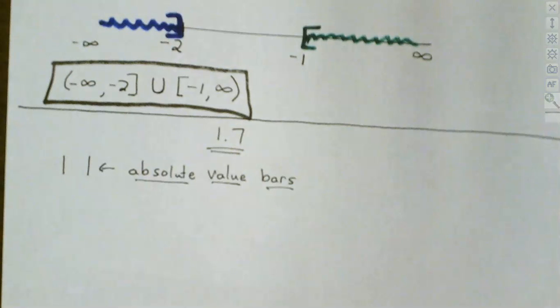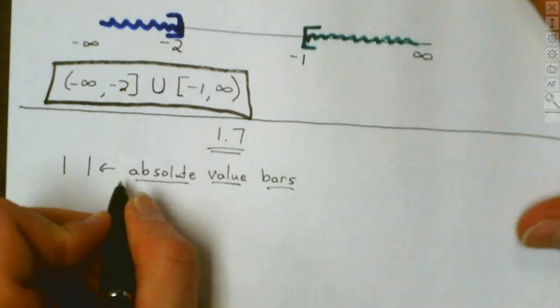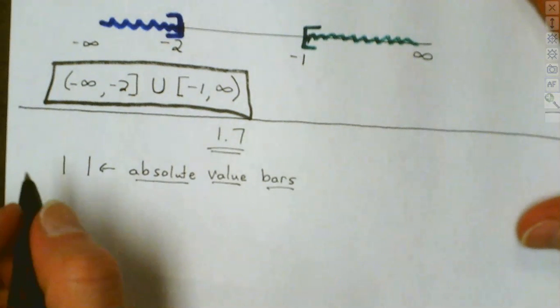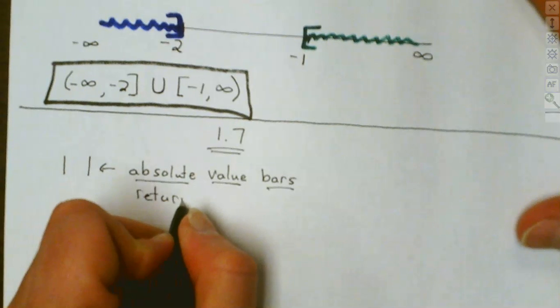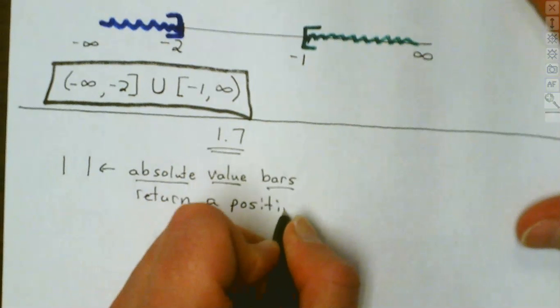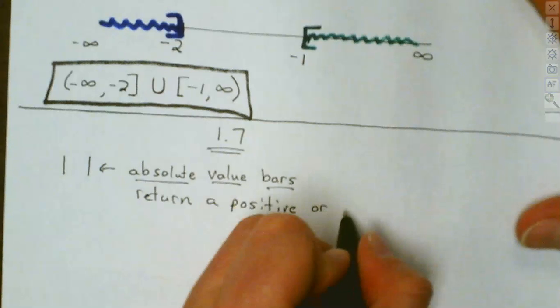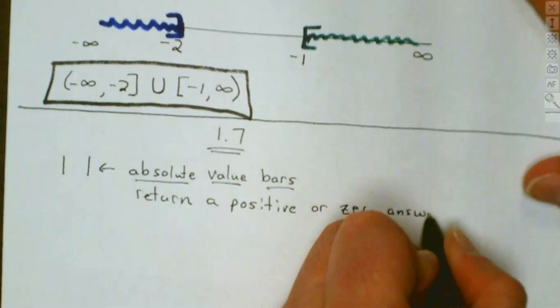Well, they always give you either a positive answer or 0, never negative. So absolute value bars come out to be either positive or 0. So they return a positive or 0 answer.